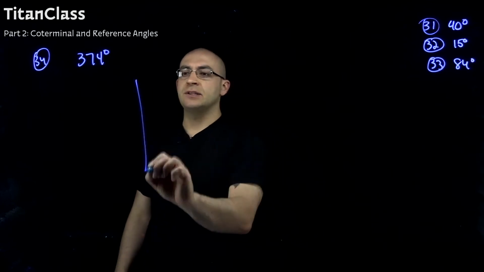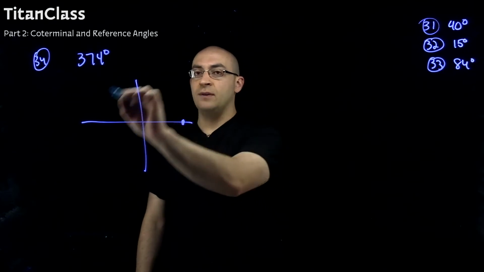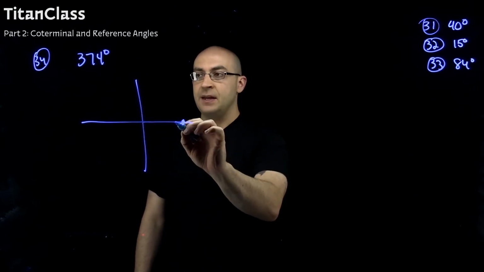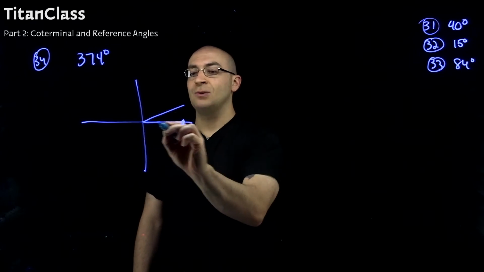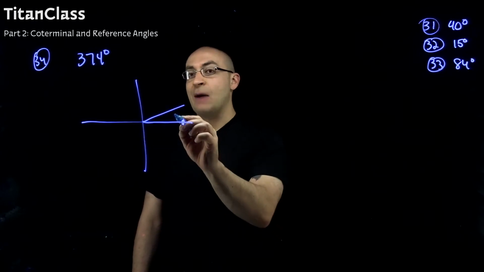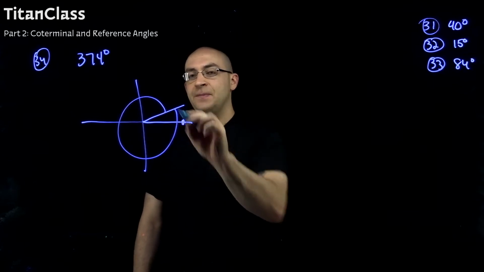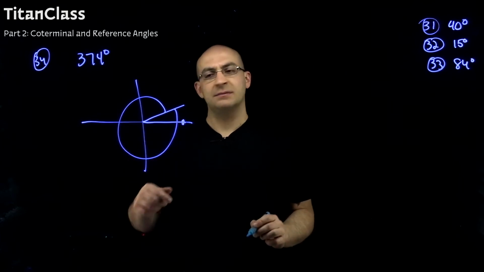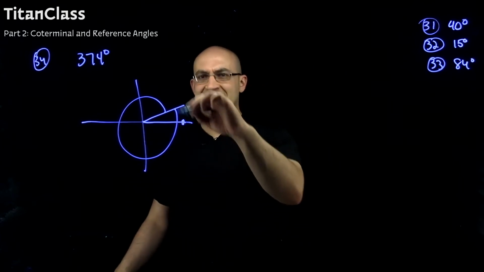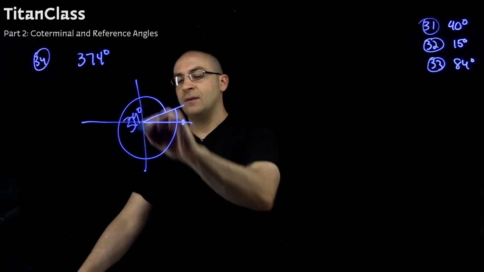So let's take a look and see what we got here. 374, if I started my initial value, is one full way around, which is 360, and then 14 more degrees here. So it ended up actually going here. It started at the initial point and then went around. I probably did that wrong, but you get the idea how there's an overlap. So this is going to be my 374 degree angle.